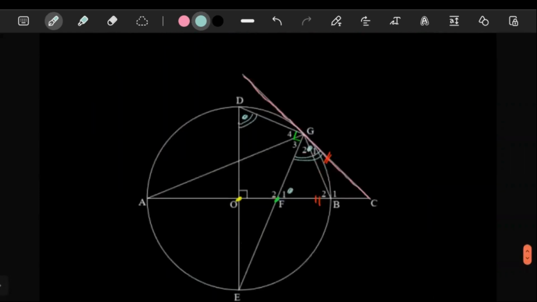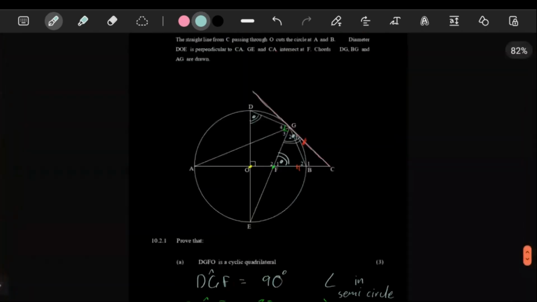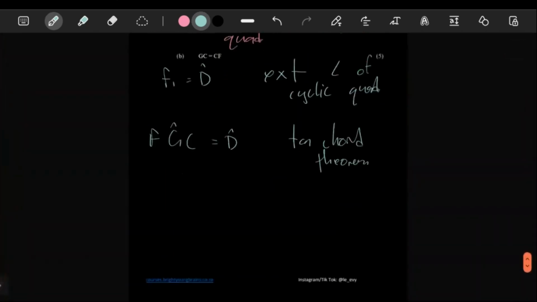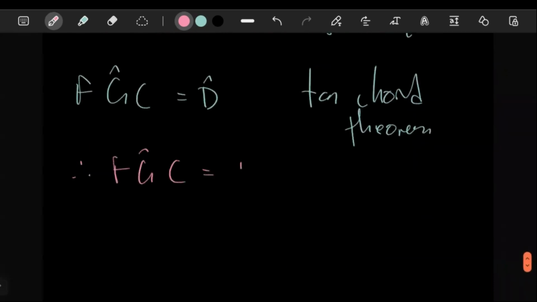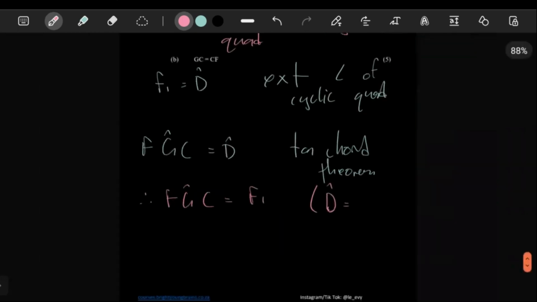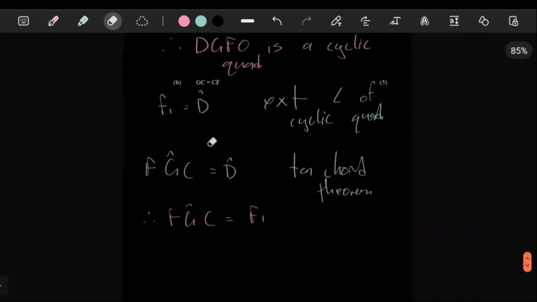Now, obviously, because this is equal to this, it means that these are also equal to each other. Therefore, FGC is also equal to F1. The reason here is, angle D is equal to, it's more like a conclusion, because if they are both equal to D, it means they're equal to each other.